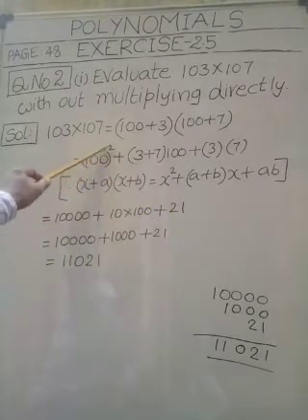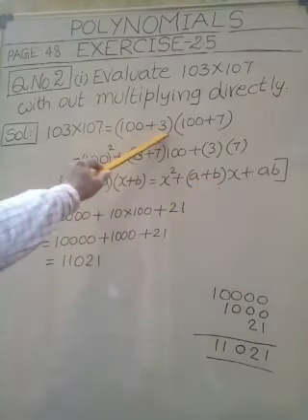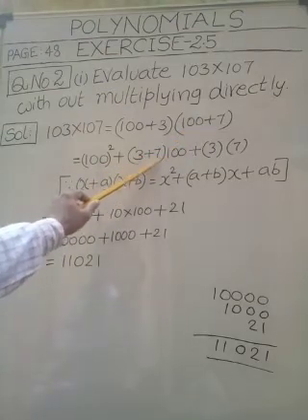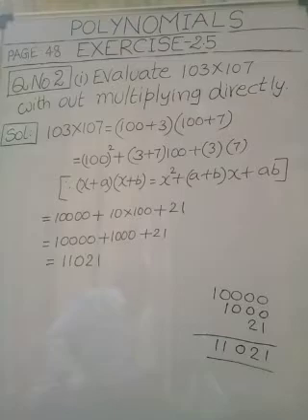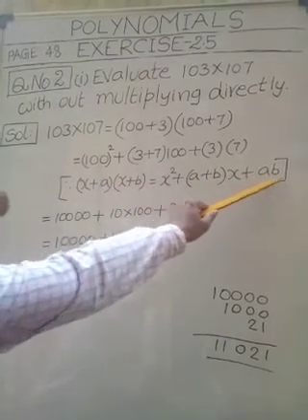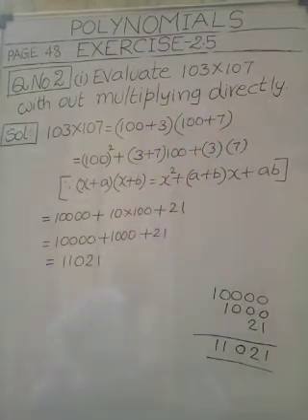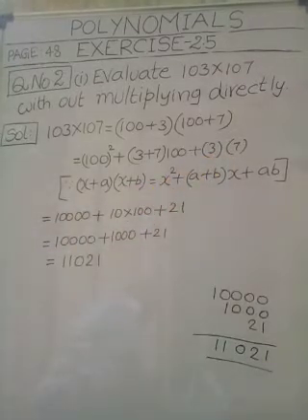So 100 whole square plus (a plus b), that is 3 plus 7, into x, which is 100. Understood the second term, my dear children? Right. Come to the third term, ab. What is a here? 3. And what is b here? 7. So 3 into 7. Understood the third term?